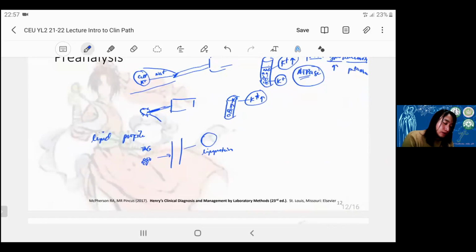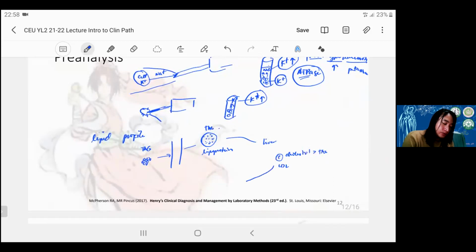So the initial lipoproteins would contain lipids that are rich in triglycerides. And then they would be metabolized in the liver, wherein your lipoproteins would contain more cholesterol rather than triglycerides.